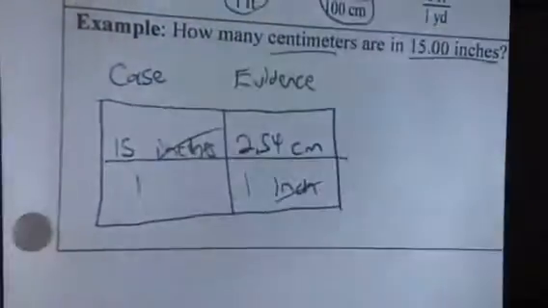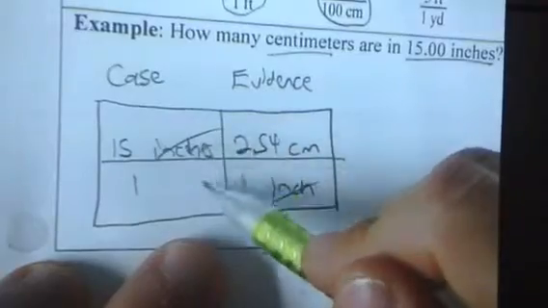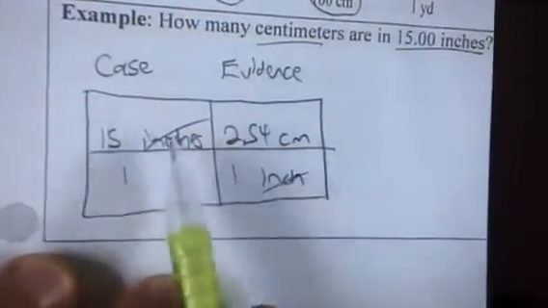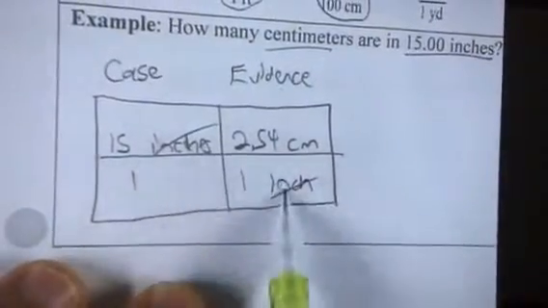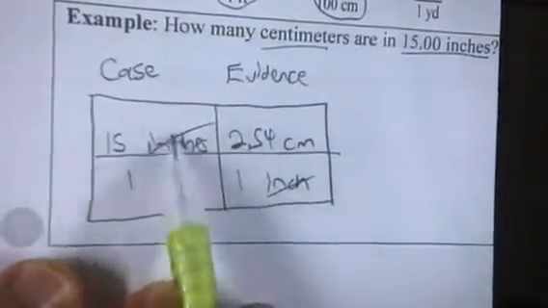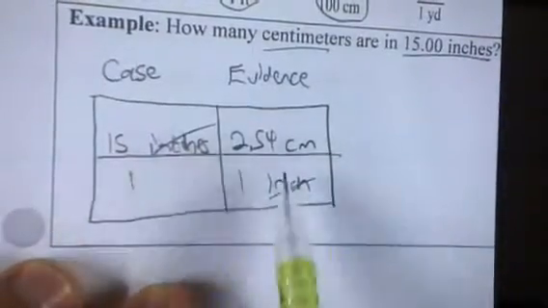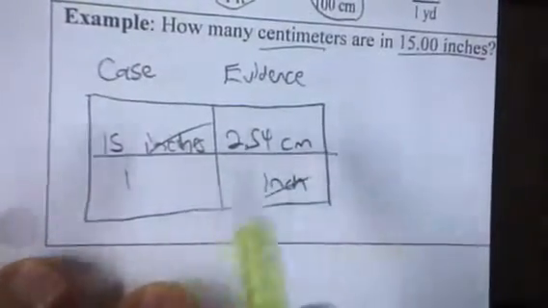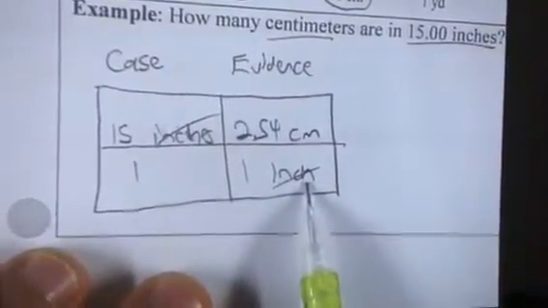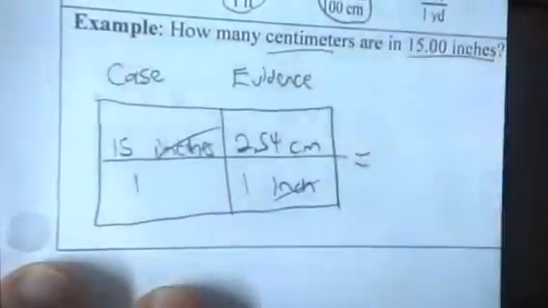Now, I told you that this works sort of like a fraction. So anytime I have something over itself, I know that those two cancel out. So if I have something up here in the numerator, I need something in the denominator that it can cancel out with. So if inches is in the numerator, it can cancel out with these inches right here in the denominator.